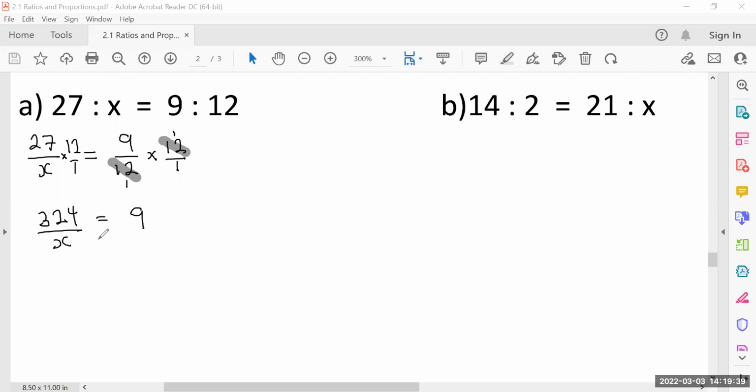Multiply. We're going to multiply both sides by x. Hang in there, everyone. I'm almost done. So division of x, multiplication of x, they will reduce to 1, leaving you with 324 equals 9x.